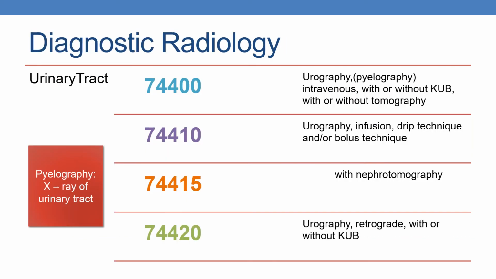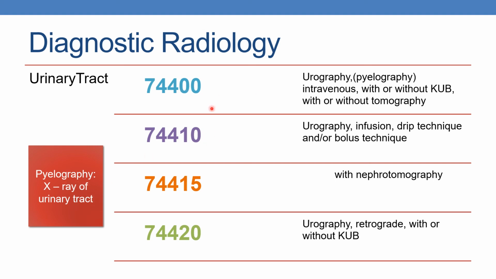Now coming to diagnostic radiology CPTs for urinary tract. The first CPT is 74400, urography or pyelography. Pyelography is the procedure of radiological examination of the urinary tract. Pyelogram is the X-ray of the urinary tract.